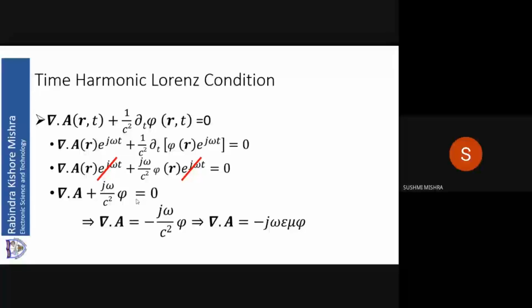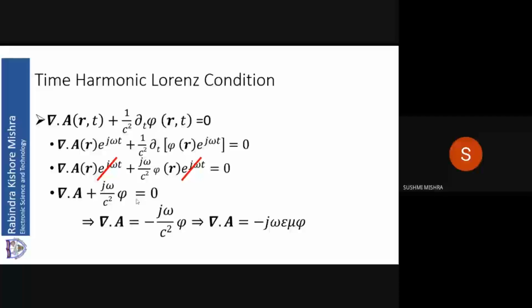Otherwise, what would have happened? If we find out phi first, instead of A, then what we have to do is, we can find out the right hand side, but for A, we have to do one integration over the whole volume. You know, integration is a much tougher task than differentiation.